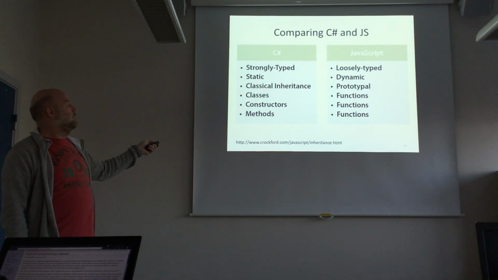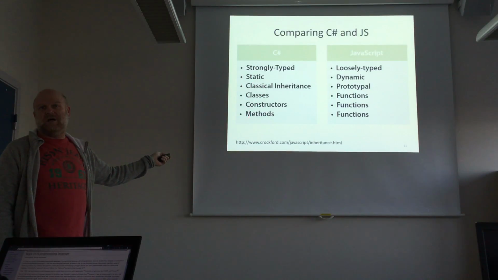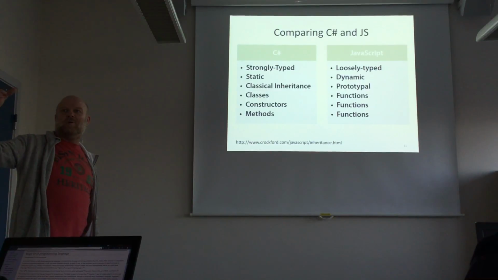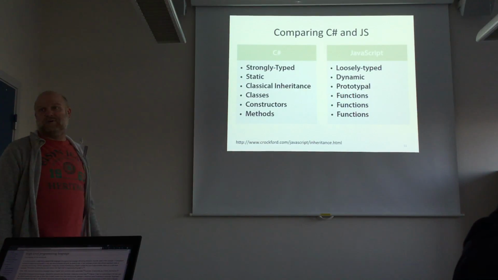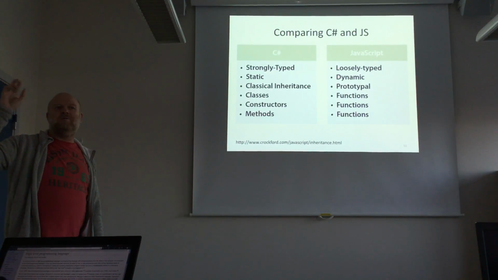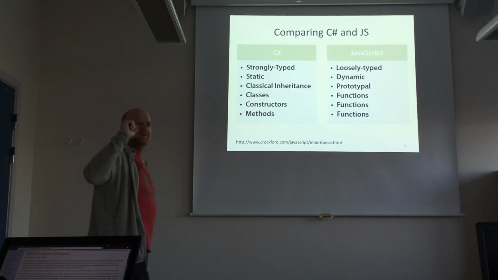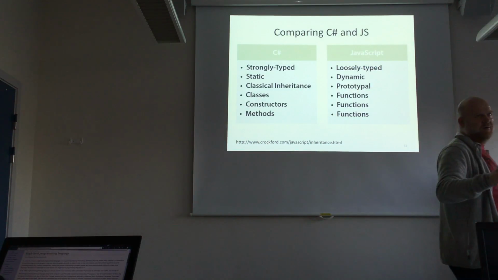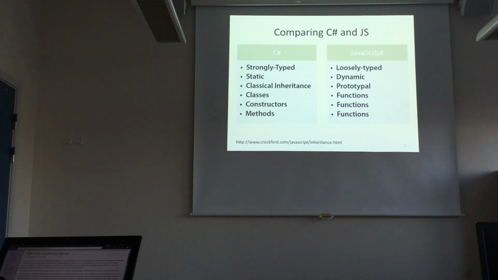So even though you can do function stuff in C#, it's not on the same level from a functional point of view as JavaScript is. So functions in JavaScript are actually pure first-class members of the language. It's not the same in C# or in Java or in C++ or whatever language, but in JavaScript it's a first-class member. We'll talk about that a little bit more.